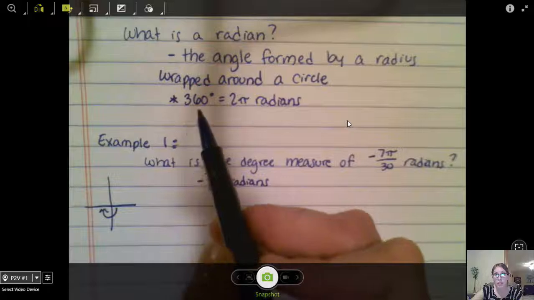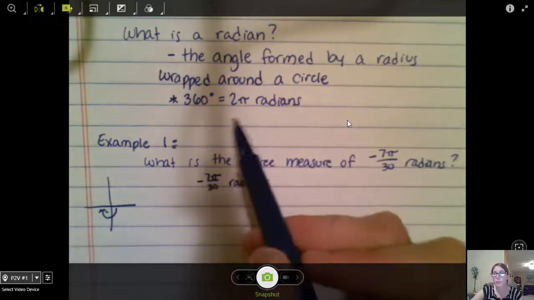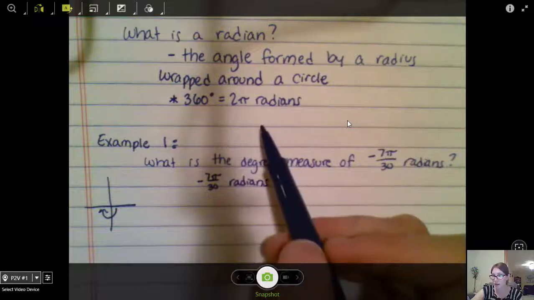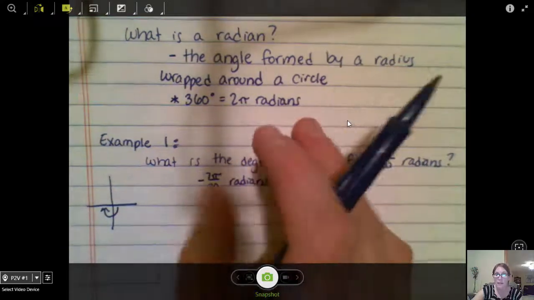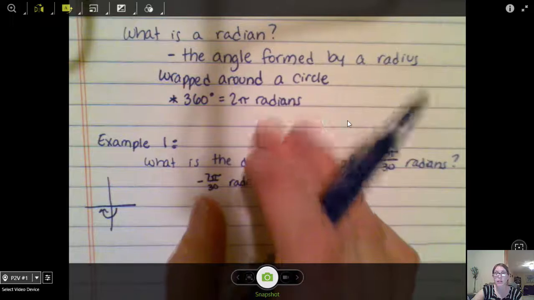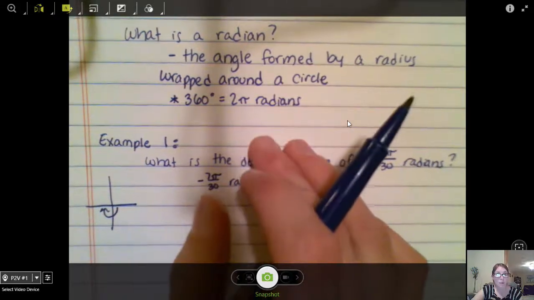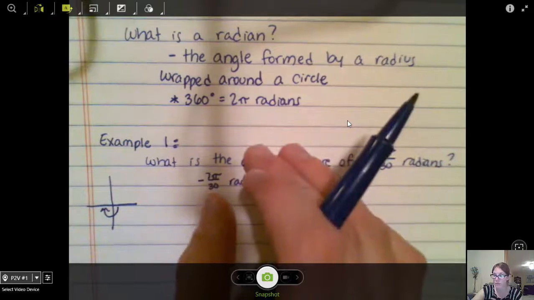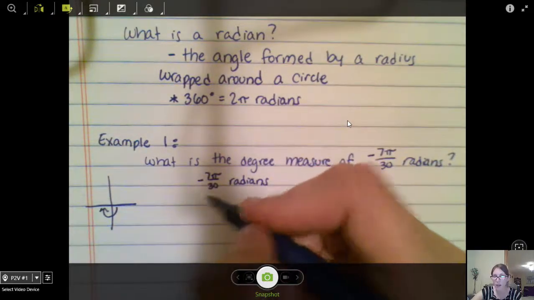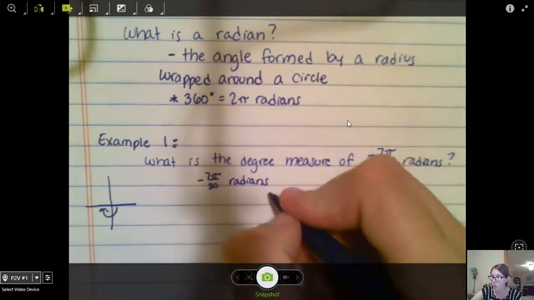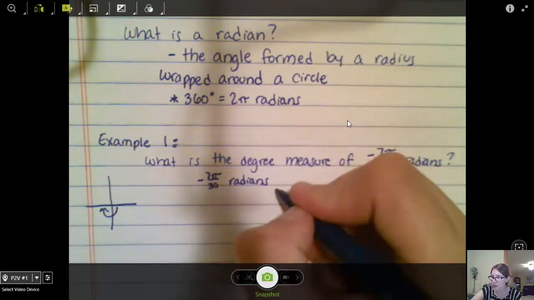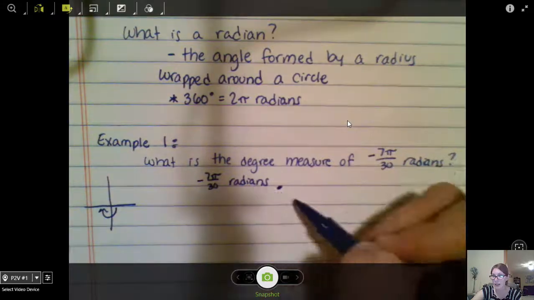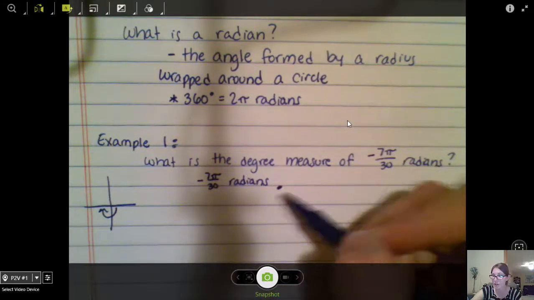I know 360 degrees is 2 pi radians. So if you think of 2 pi radians over 360 degrees as a fraction, well, that's 1, because it's the same thing. Something divided by itself is 1. And that helps me convert quite nicely, because I want my radian label to cancel out because I want to get to degrees.